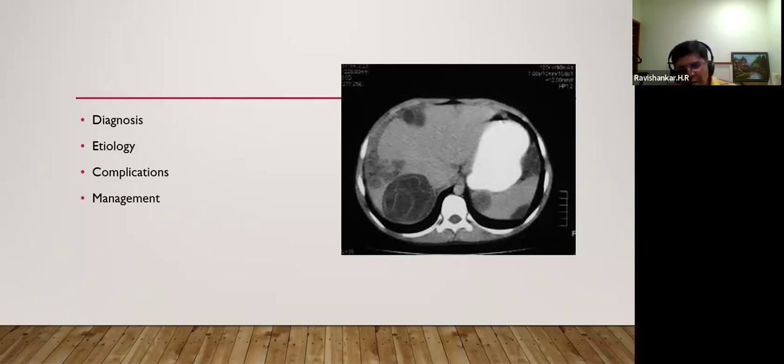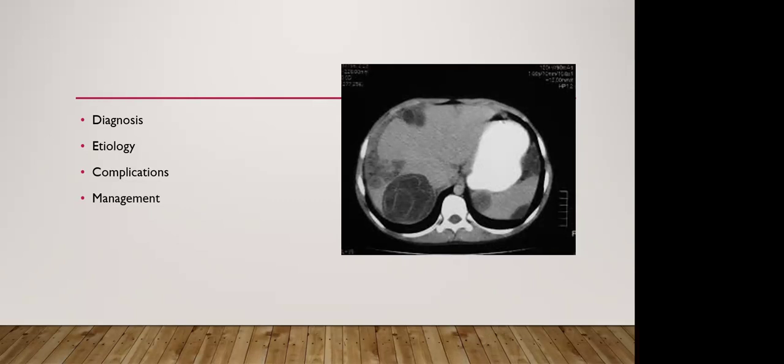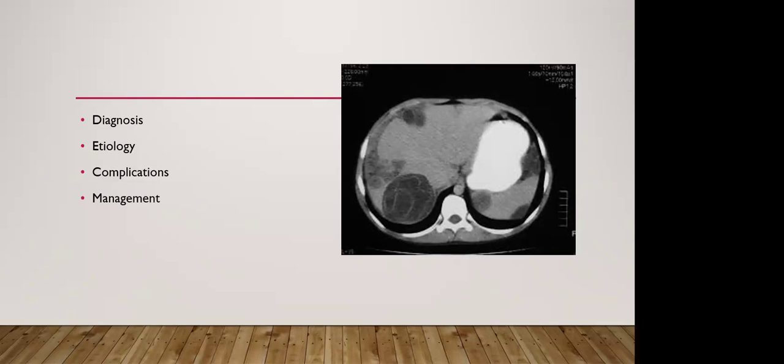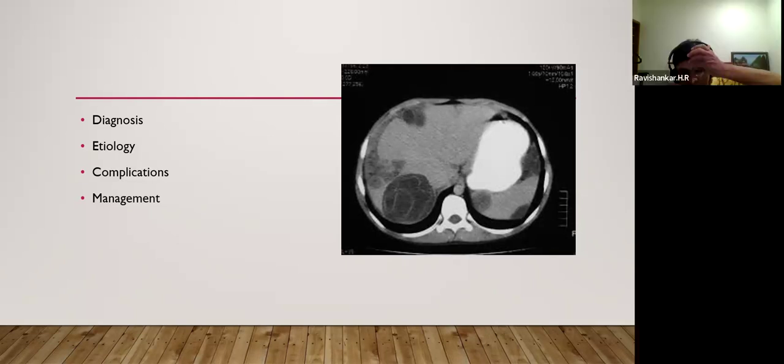Then it can rupture into what else? If it is in segment 5 to 8, it can go into intrathoracic extension, sir. Correct, into the pleura and lung. It can cause pulmonary empyema, hydatidosis. Yes, sir. It can rupture into the general peritoneal cavity. Can it go to the brain?